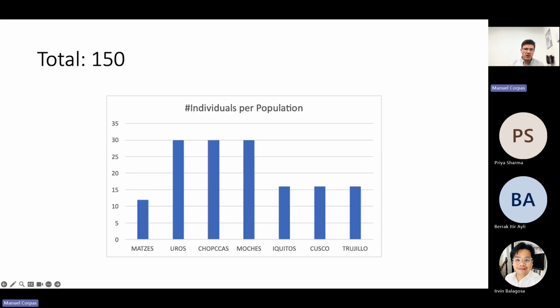So we had 7 populations. Matses and Uros are the most indigenous. And by that, I mean they've had the least degree of admixture with Europeans. And as we get closer to the right, they're more, we call them admixed. They have been more mixed with Europeans and some others.